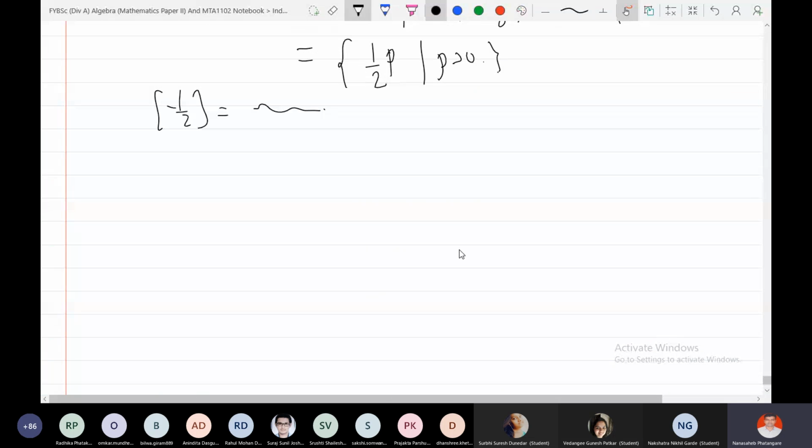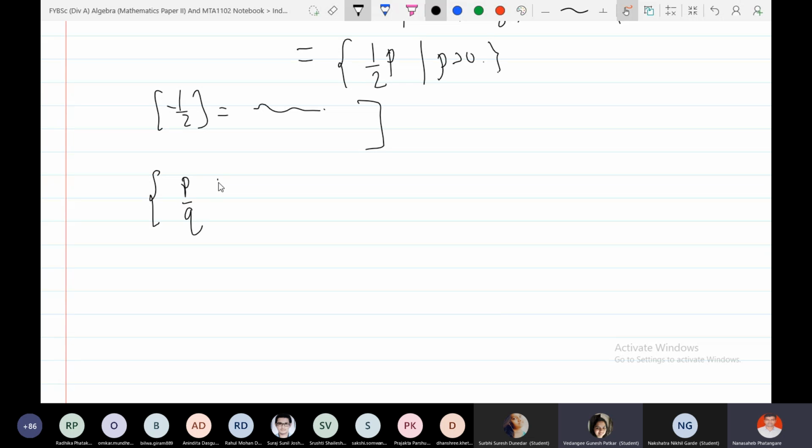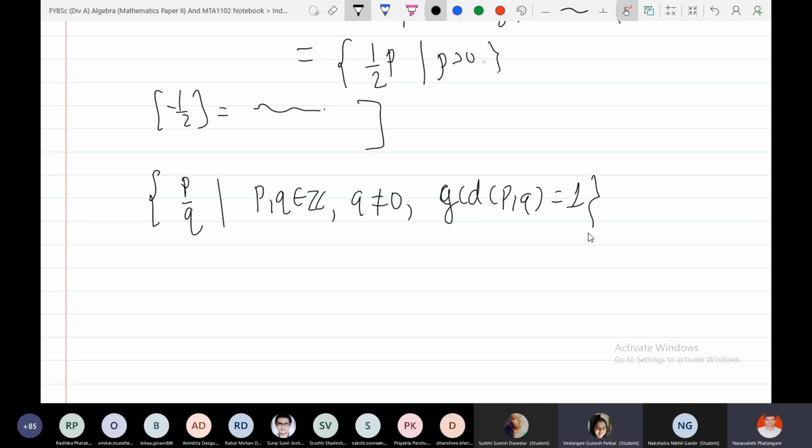Now the point is, what are all the classes? p by q, where p, q are integers, q not equal to 0, and GCD of p and q is 1.